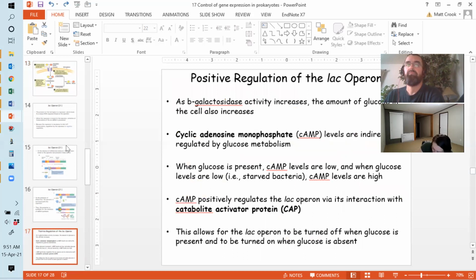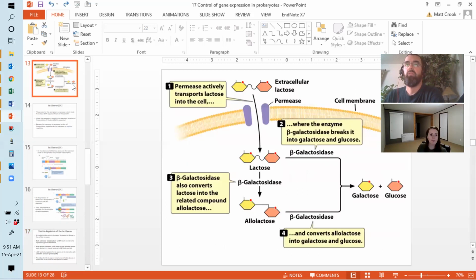And so, go back to this one. We can't sense glucose directly. There's not a way of going, oh, we've got 350 molecules of glucose, we're kind of good, our target's 300, right?